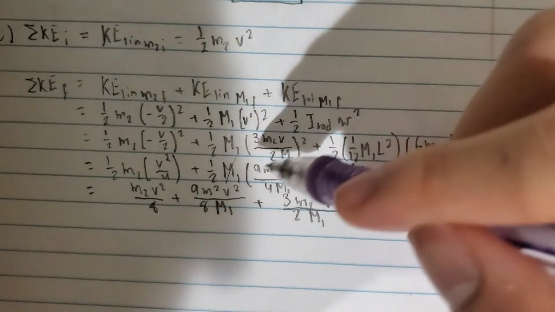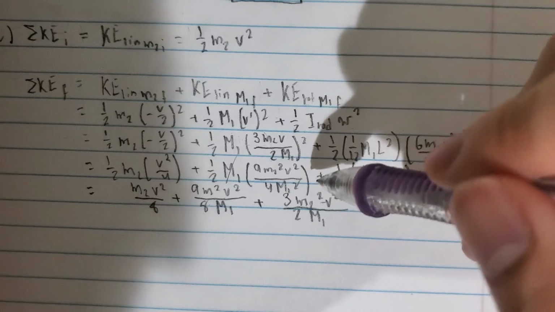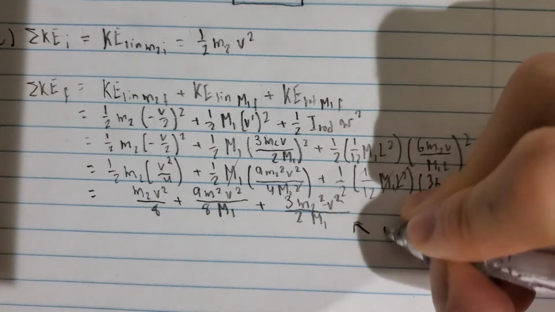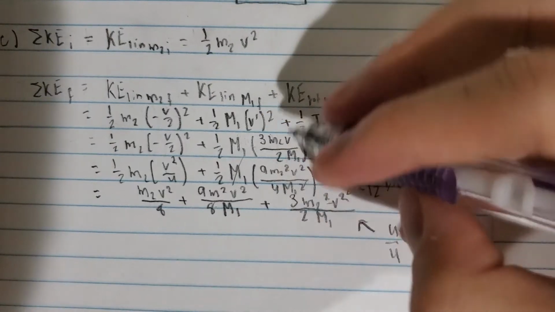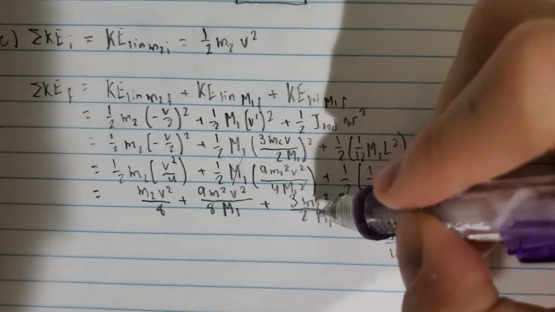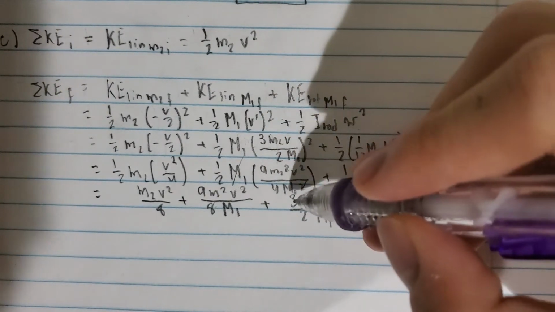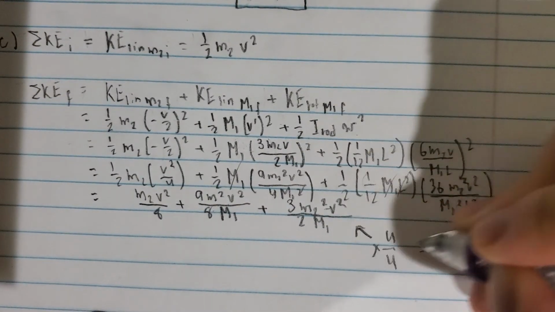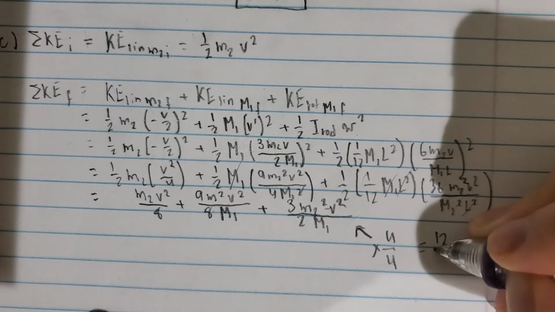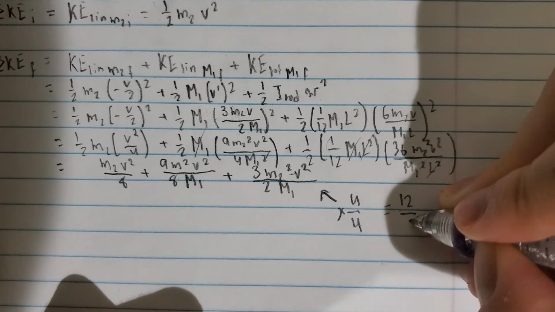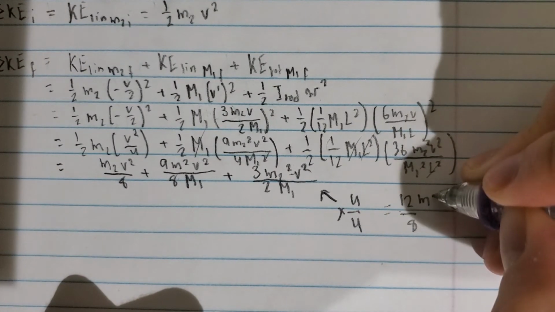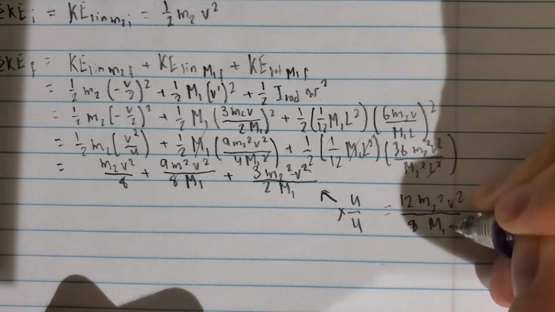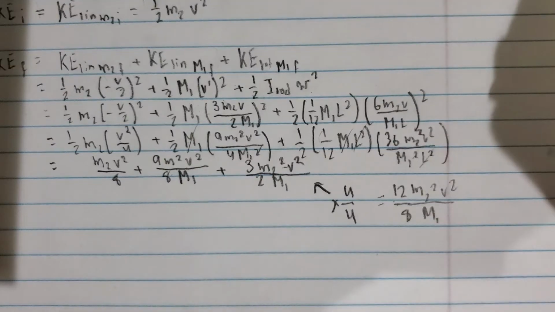So these two terms are alike. So what I'm going to do is multiply 4 over 4 to this term, which will give 12 over 4, and 12 over 8, if I do that. So this is going to be equal to 12 over 8 M2 squared V squared over M1 here.